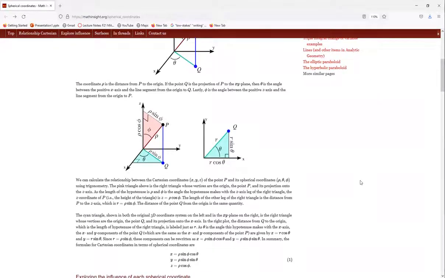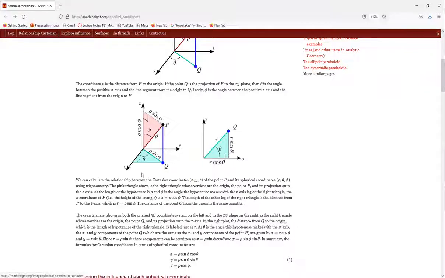These are the conversions that we have when our object is moving along a spherical surface. If you look at the projection of your point in the XY plane, you're going to have the regular conversion for r sine theta or cosine theta in the XY plane.